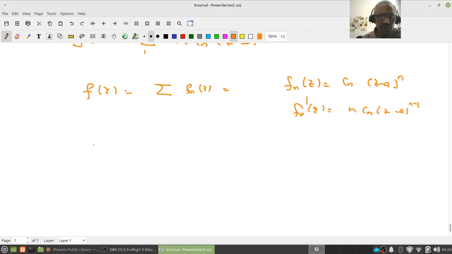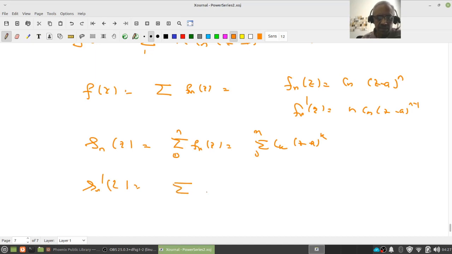Now let us look at my partial sums Sn, for f. Sn of z is the summation from 1 to n of fk of z, which is summation ck z minus a to the power k, k equal to 0 to n. And what is Sn dash of z?